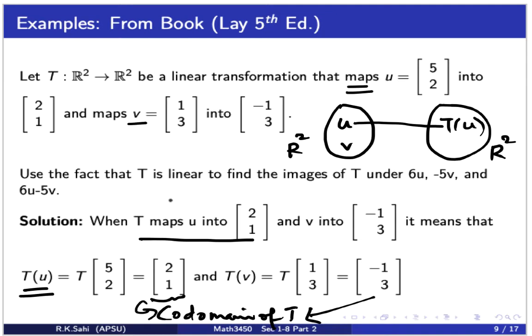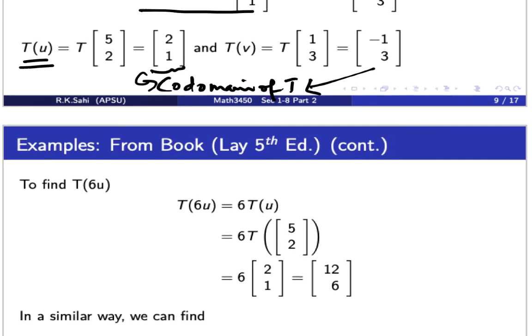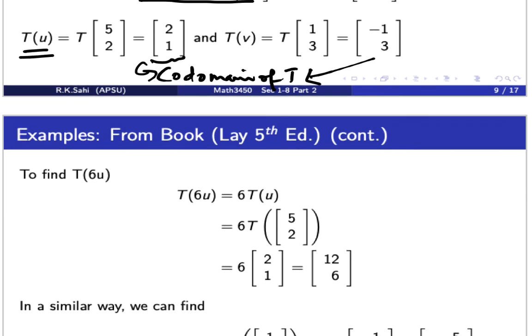Now the question is, use the fact that T is linear to find the image under T of 6u minus 5v, a linear combination of these two. Let's keep this handy with us.